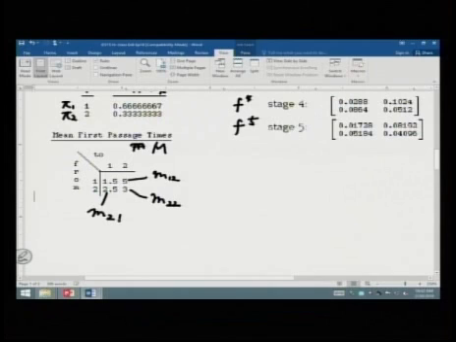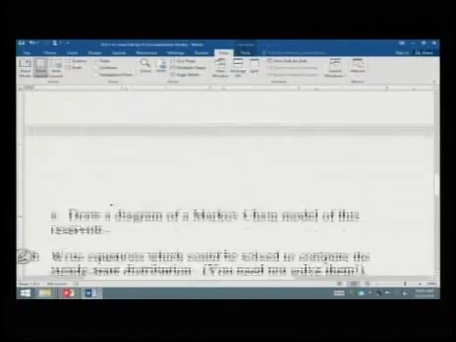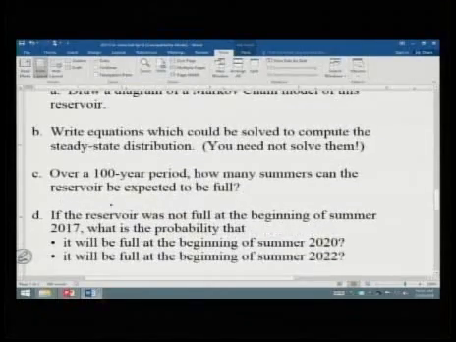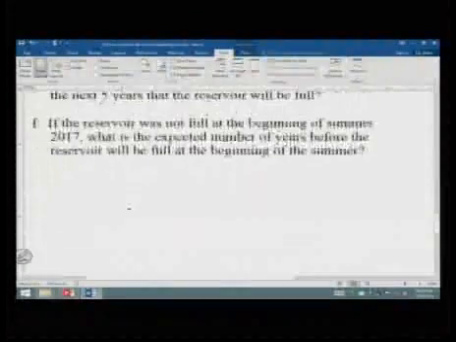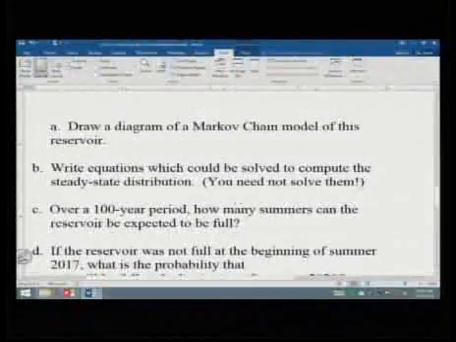Of course, 1.5 is M11, right? So we're going to use all of this information to answer this series of questions, A through F. Okay, so let's do this one by one.